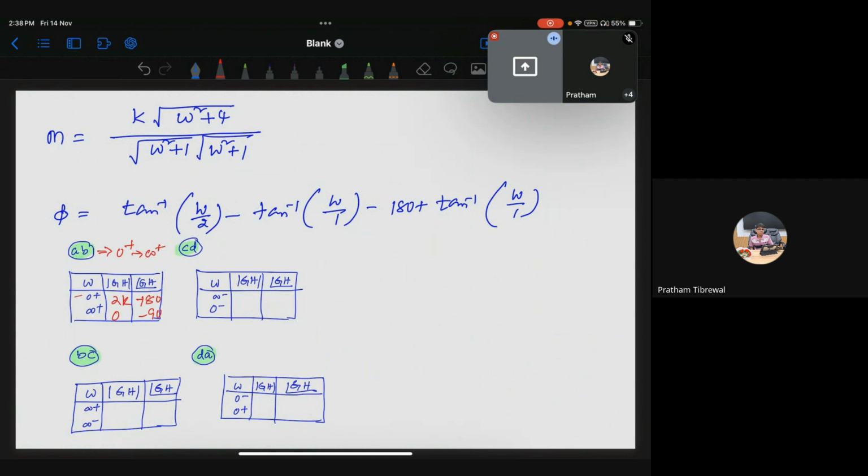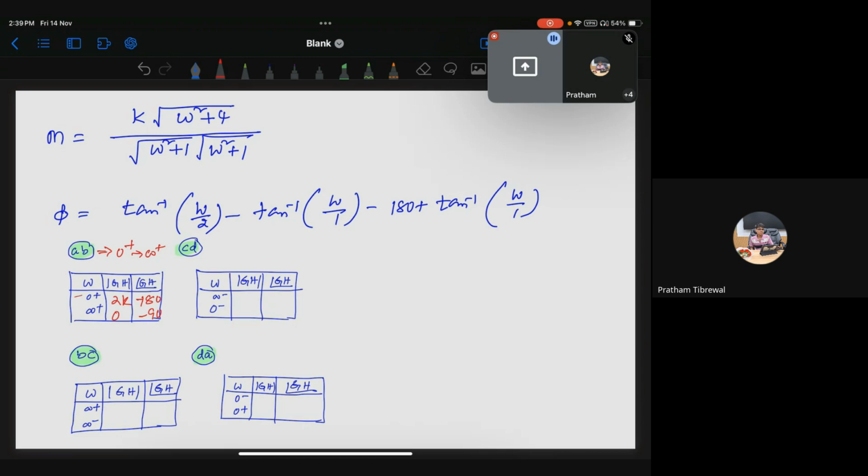So for 0 plus, when omega is equal to 0 plus, minus 180 is all that is left. Magnitude, when omega is equal to 0, you'll get 2K. When omega is equal to infinity, magnitude is 0 and angle is minus 90.